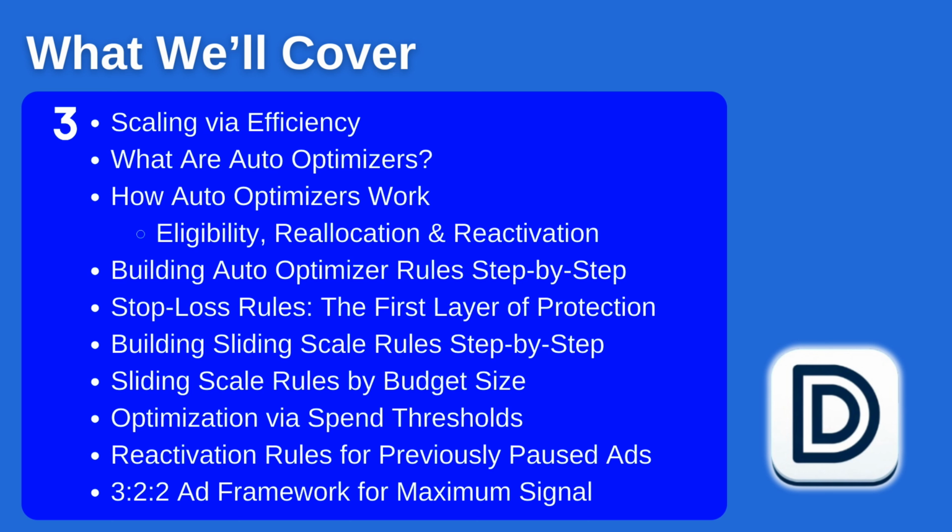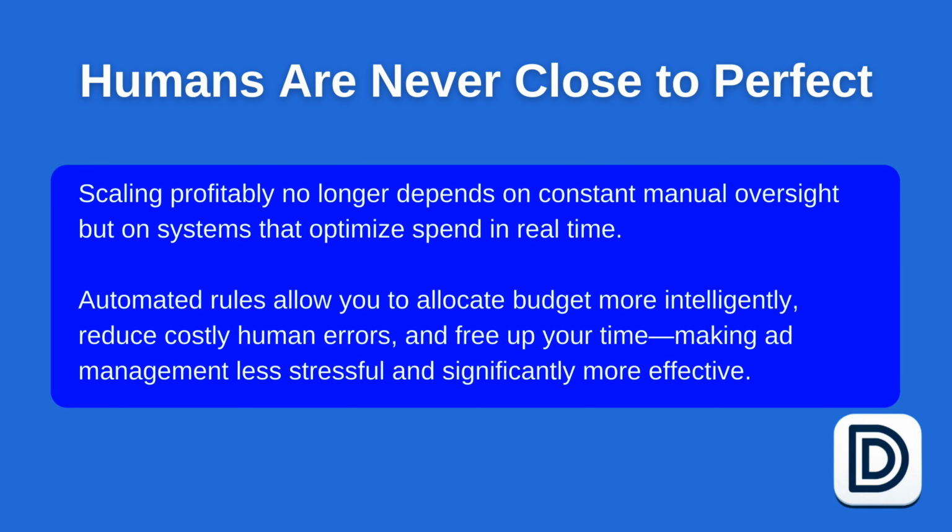We also have to understand that humans are never close to perfect. Scaling profitably no longer depends on constant manual oversight, but on systems that optimize spend in real time. Automated rules allow you to allocate budget more intelligently, reduce costly human errors, and free up your time, making ad management less stressful and significantly more effective.